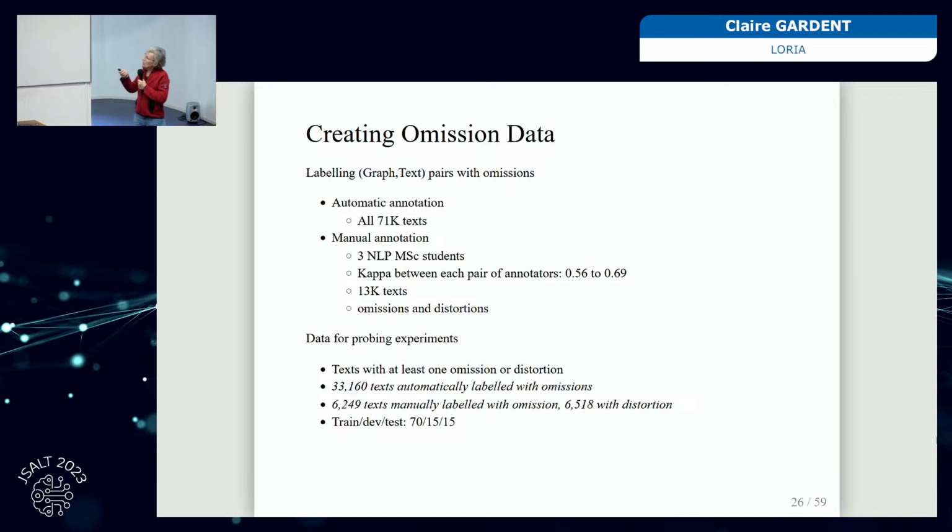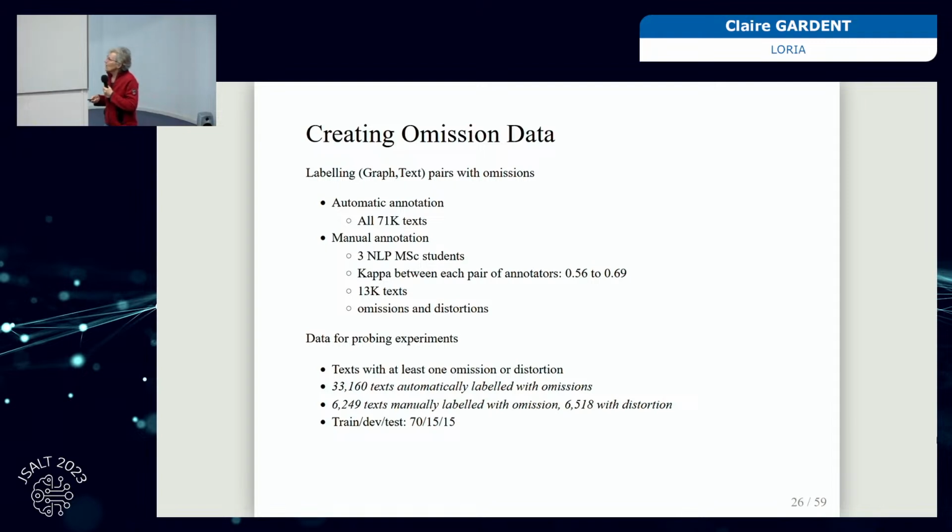When we do this manual annotation, we observe that there are things that are not quite omission, which we call distortion. I will give some examples afterwards. It's a case where you don't really have the correct mention for an input entity, but it's very close to it. It's basically spelling mistakes or dates that are almost correct.